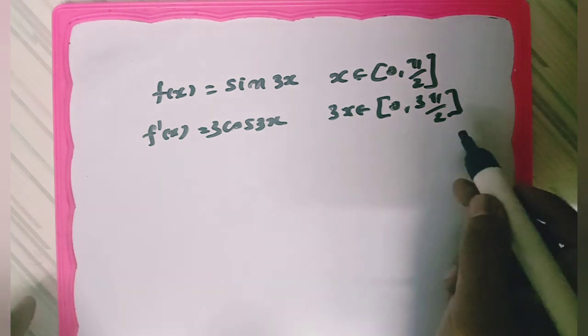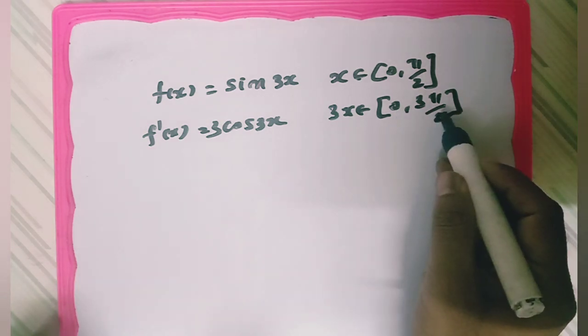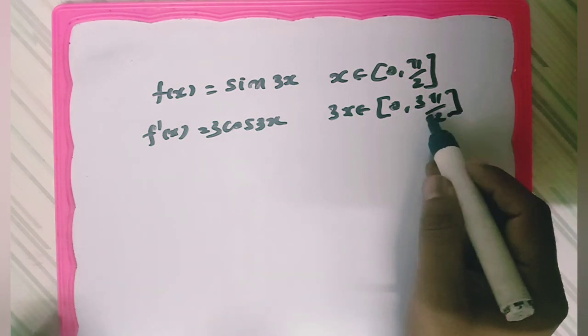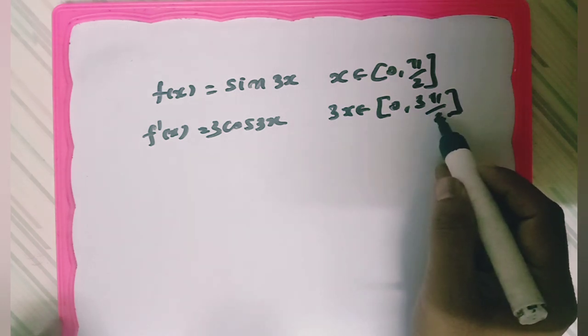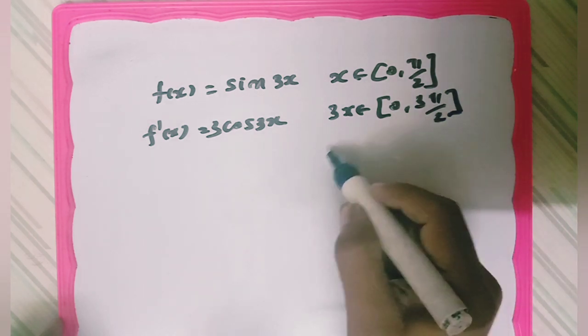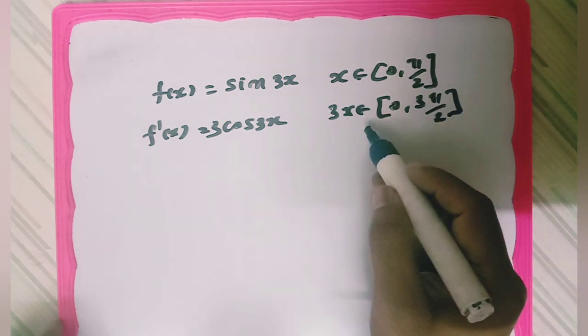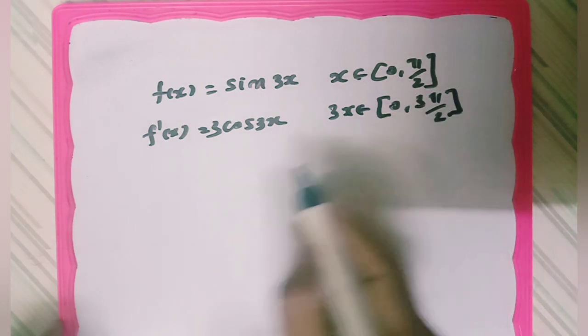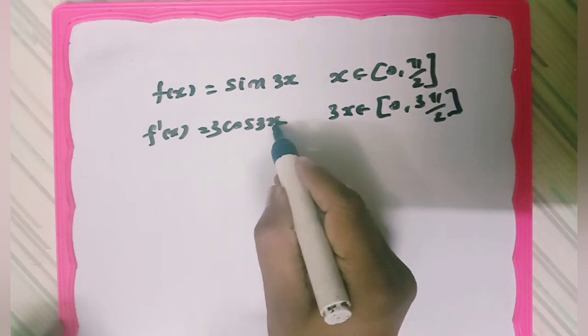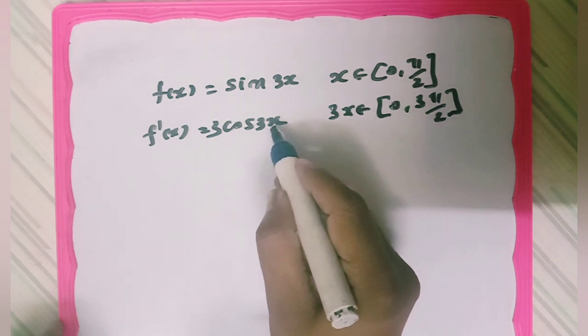So the critical points between 0 and 3 pi by 2 are pi by 2 and 3 pi by 2, the values where it gets 0. With x belonging to 0 to pi by 2, we get the value x = pi by 6 when we substitute. Then we get 0, and x = pi by 2.